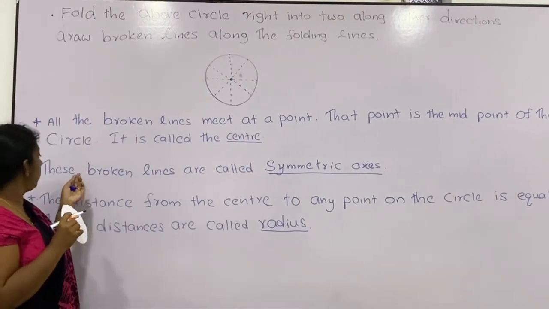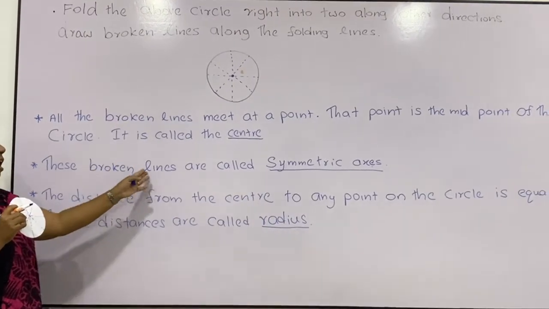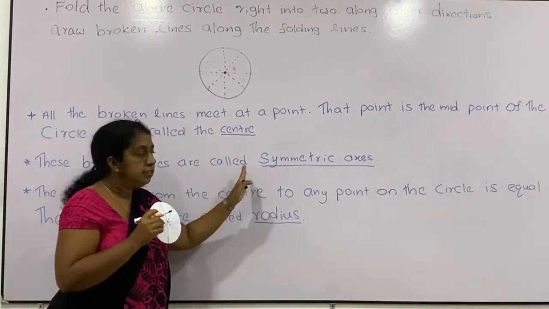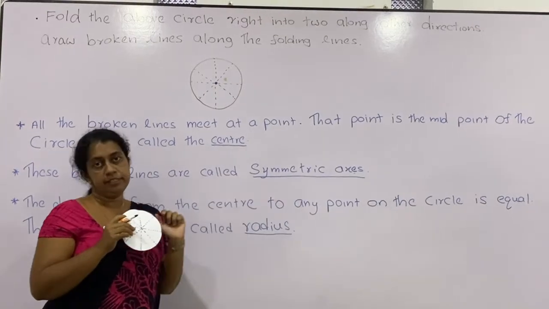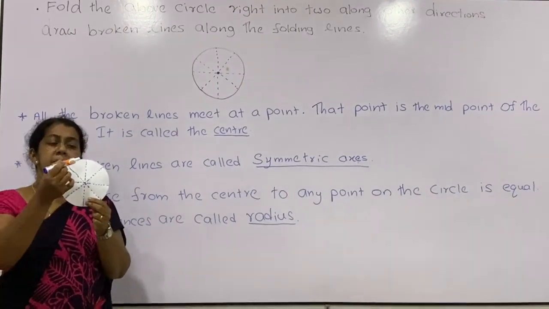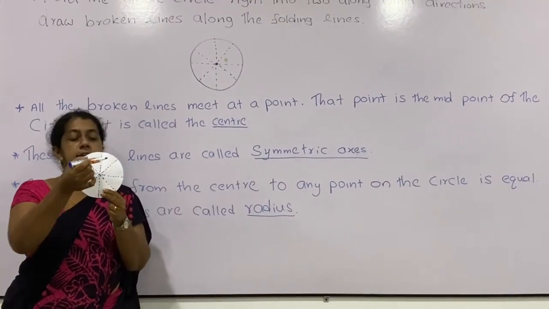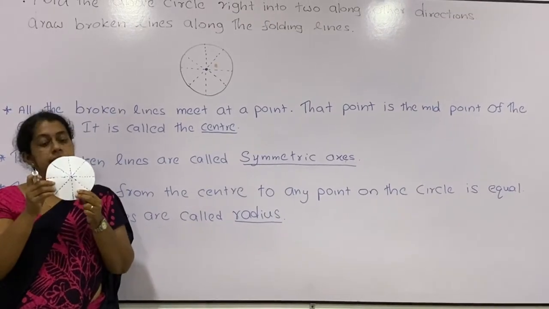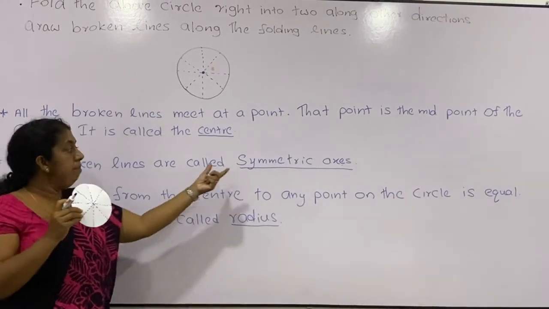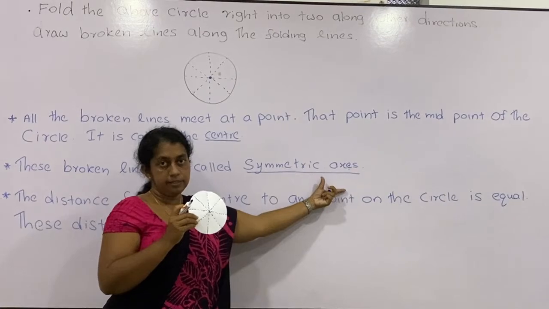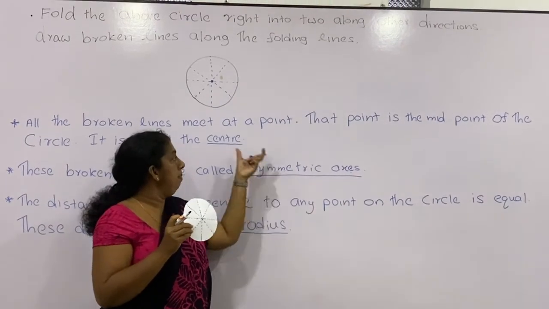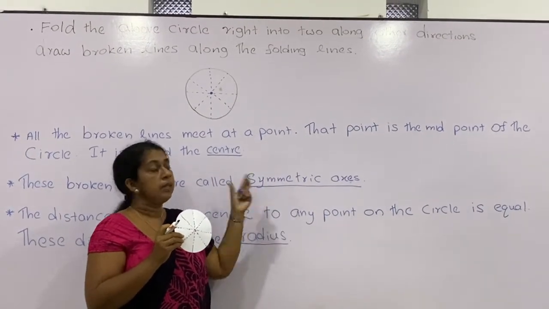Right? Then next, these broken lines are called symmetric axes. You can see there are many broken lines here. These broken lines are called symmetric axes. Right? You have to remember these names.